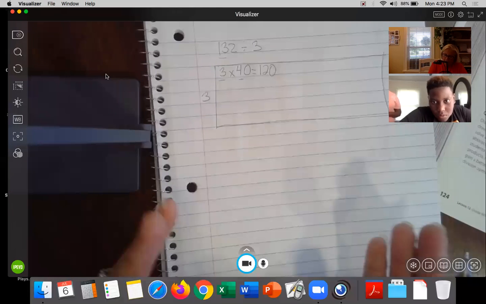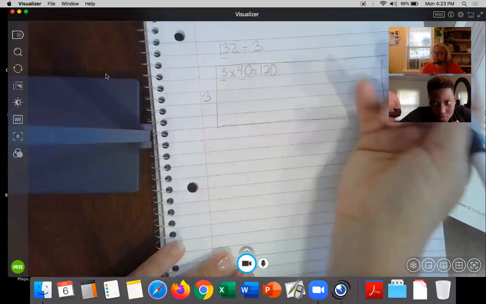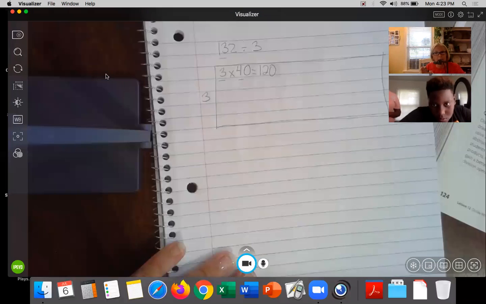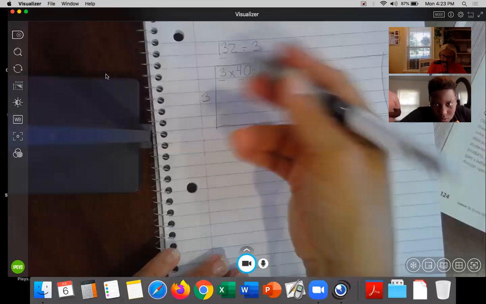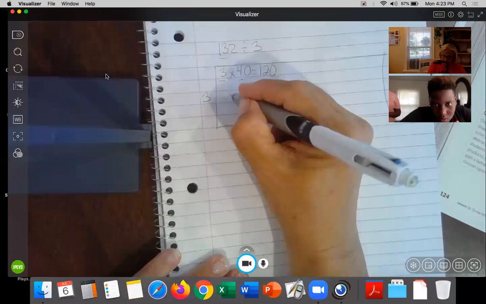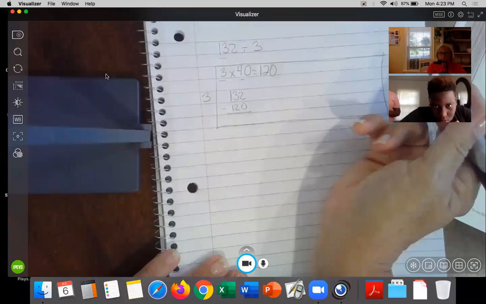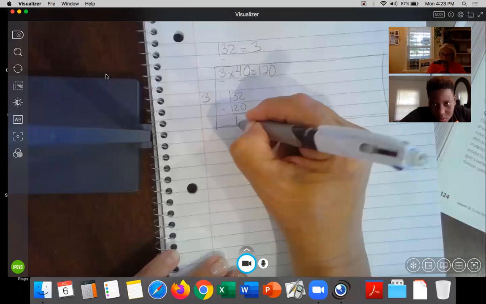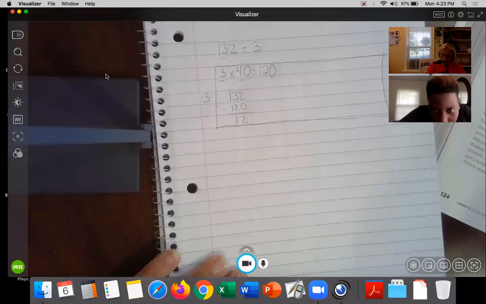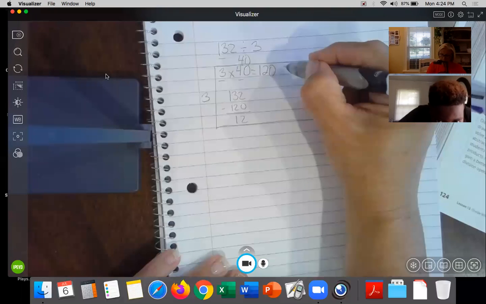So then I've got 120, because if you're like me, I like to do it the easiest way possible. That way I get it right more often. So I'm going to say 132 minus 120, and that gives me 12. This is 40. I'm going to bring this over here.